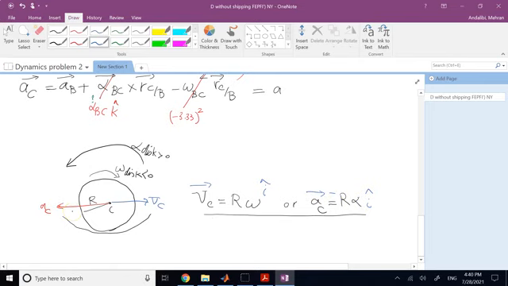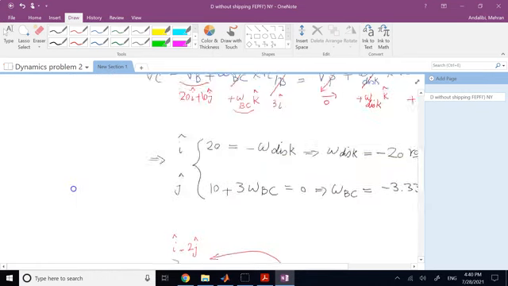So if I want to assume alpha of the disk is constant and counterclockwise, this is going to be negative R of the disk times alpha of the disk in the I direction. So R of the disk times alpha of the disk.